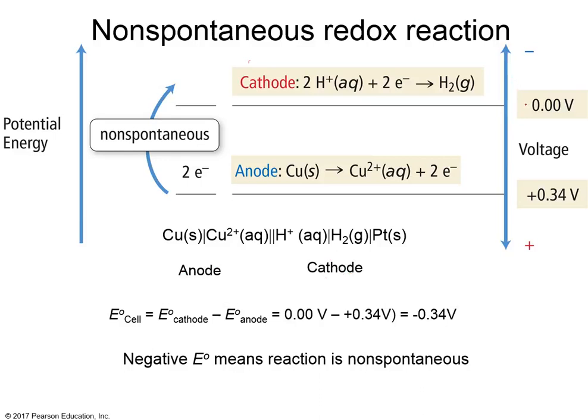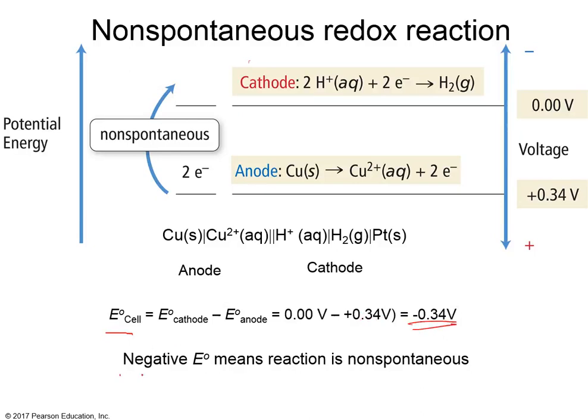The cathode has a voltage of 0.00 V. The anode has a voltage of plus 0.34 V. Now our E cell is equal to E cathode minus E anode, which is 0.00 V minus plus 0.34 V, which gives us a negative.